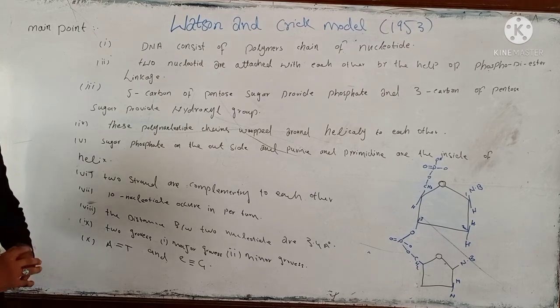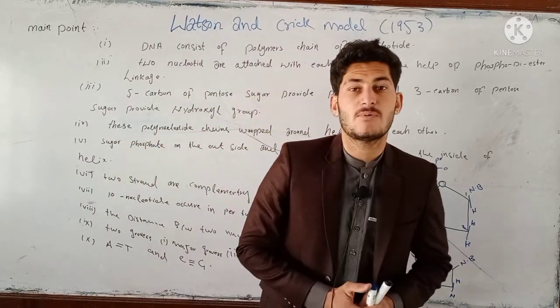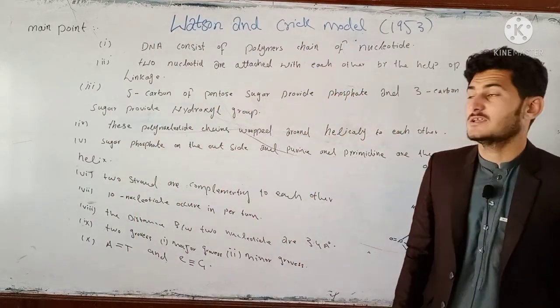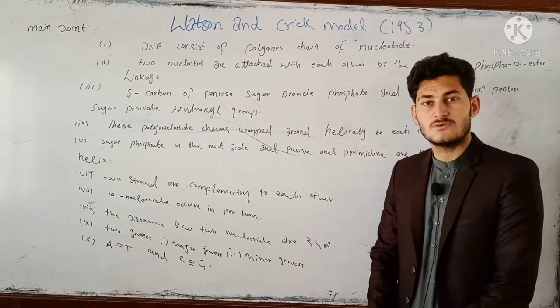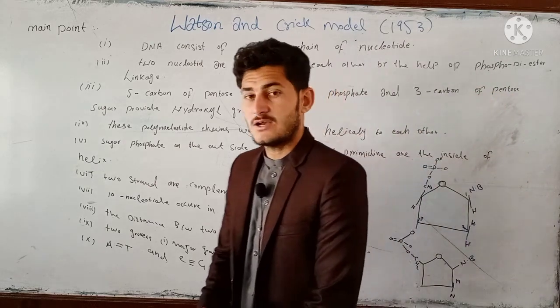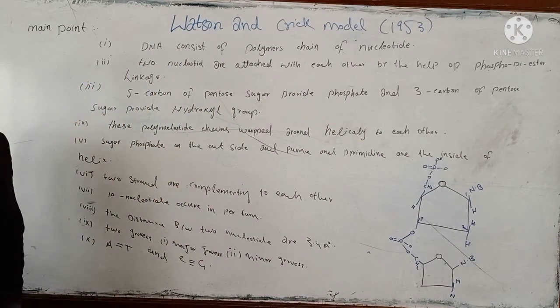So a nucleotide is basically a monomer unit. When they combine with each other, they form a large polymer molecule, which is called DNA, deoxyribonucleic acid.